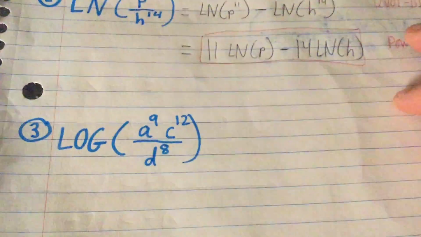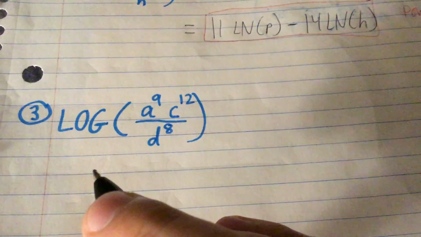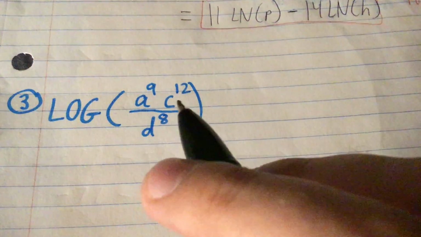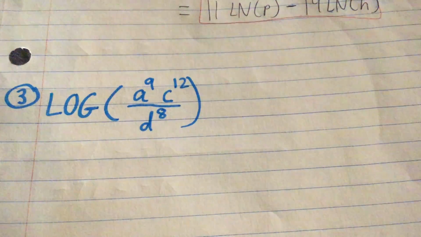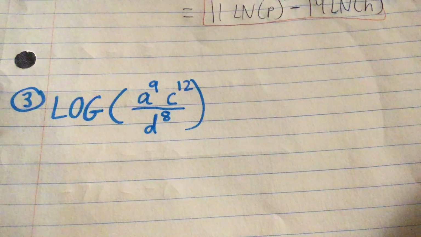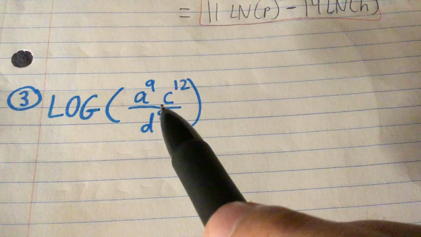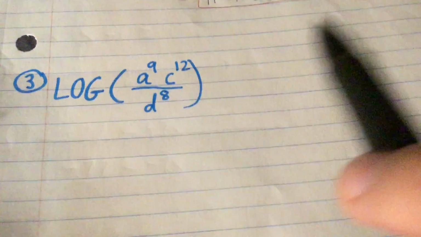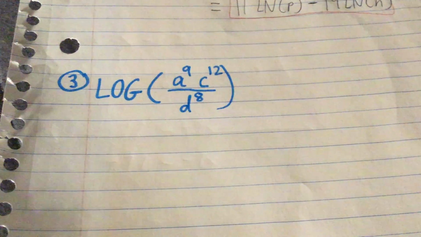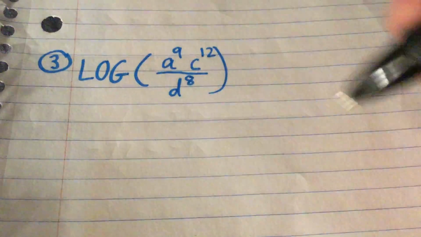Okay. Now we're in the intermediate stage. Log of a to the 9th, c to the 12th over d to the 8th. What is the big picture? So I've got a numerator over a denominator, but I've got a multiplication problem in my numerator. So why don't I make this easy? So my theory is, hey, tops are positive, bottoms are negative.